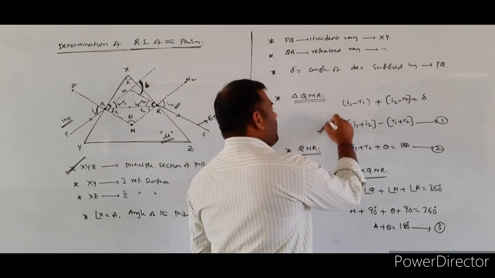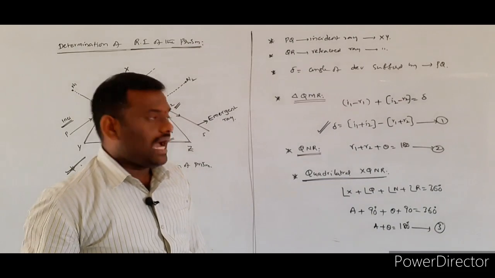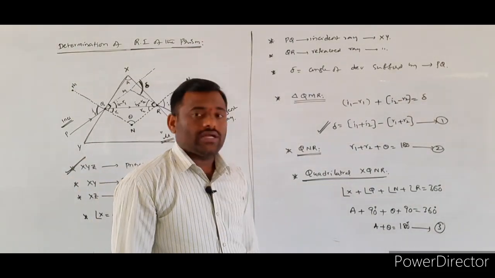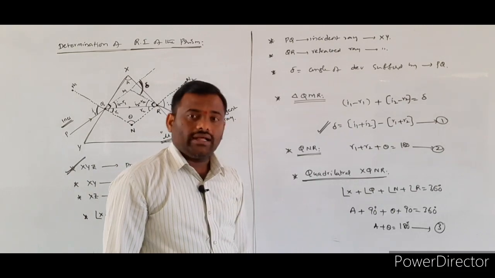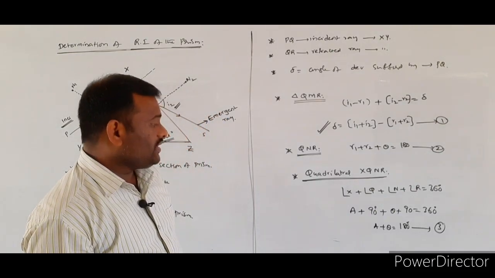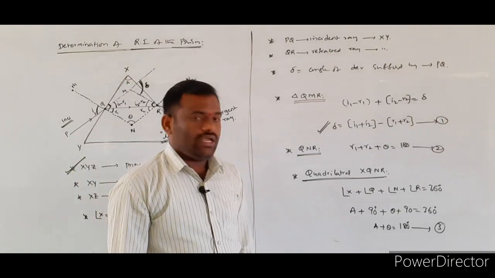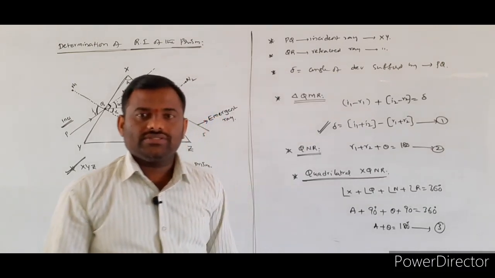So you got three different equations. One is the angle of deviation delta is equal to I1 plus I2 minus (R1 plus R2). From equation 2, you got R1 plus R2 plus theta is equal to 180. And from equation 3, you got A plus theta is equal to 180 degrees.